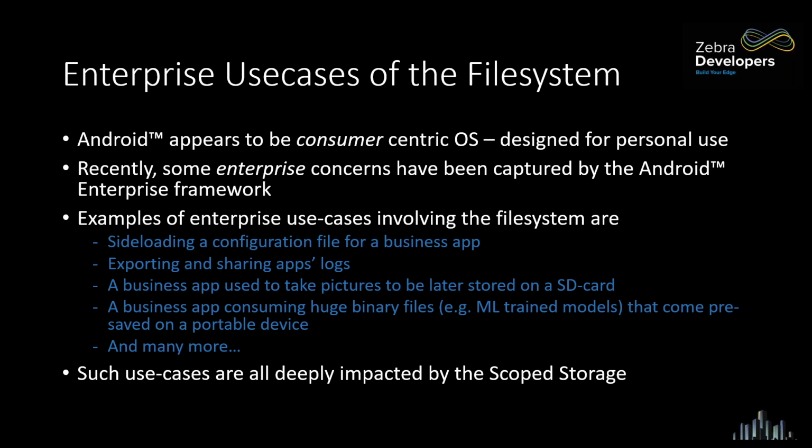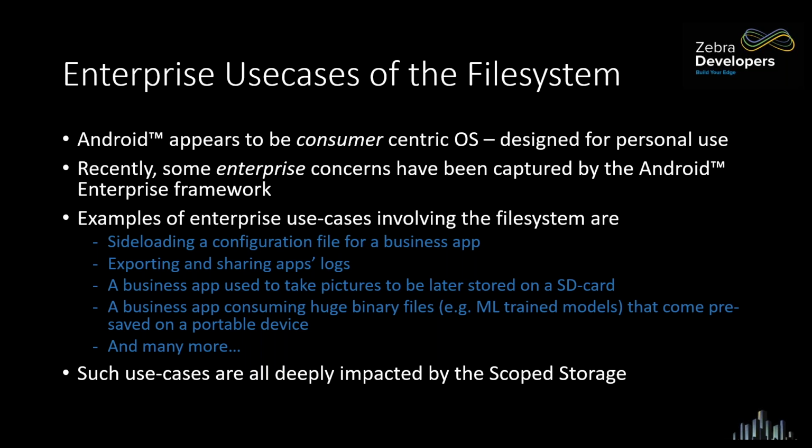Such use cases for the enterprise include, for instance, sideloading a configuration file for a business application, something that in our environment is really a must, but also the converse, exporting and sharing data from an app, a log for instance.